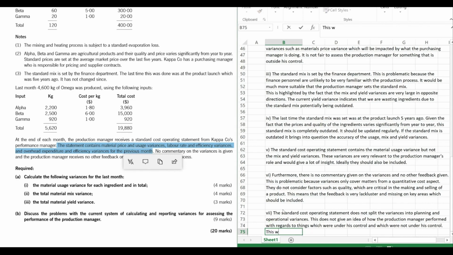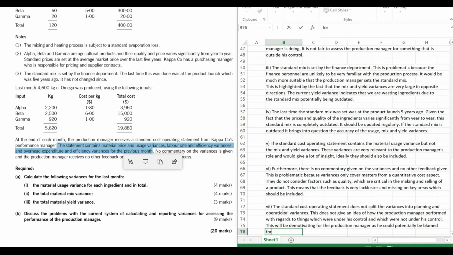This will be demotivating, that's a buzzword we can always use, for the production manager, as he could potentially be blamed for adverse variances caused by matters outside his control.